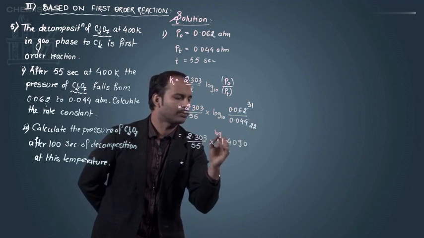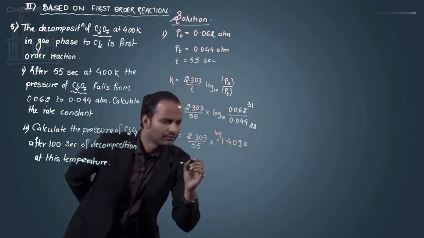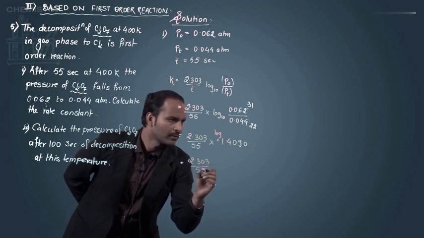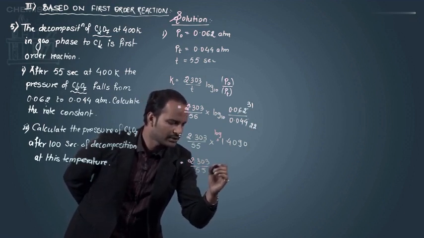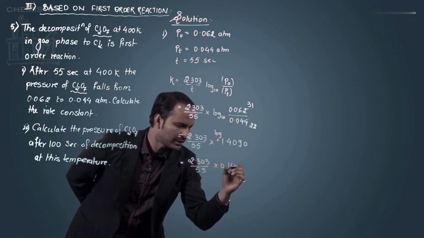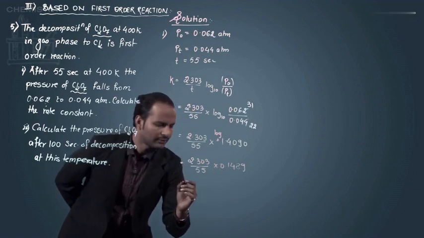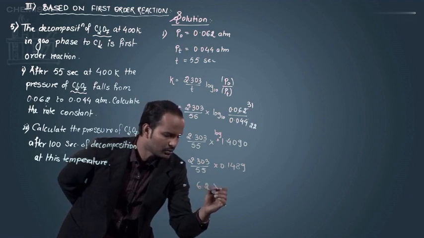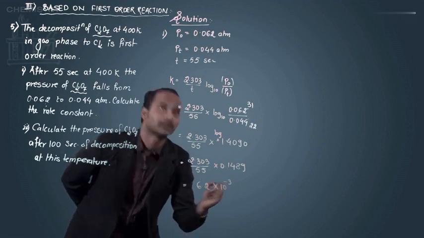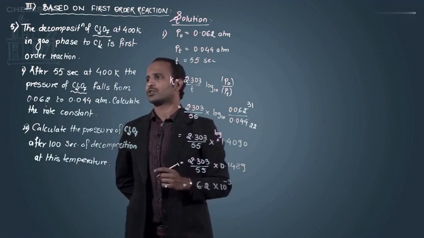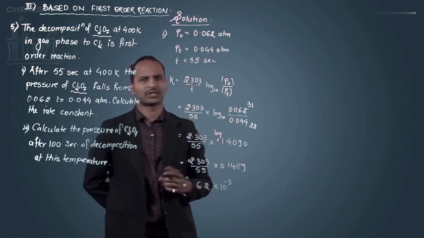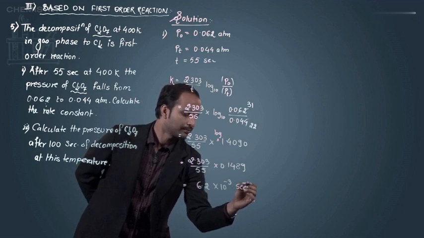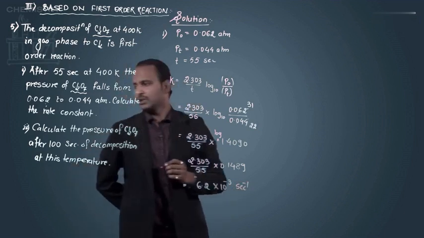So this is 2.303 upon 55 into log of 1.4090, and the log of 1.4090 is 0.1489. After multiplying and dividing by 55, you will get 6.2 into 10 raised to minus 3. This is the value of K for the first order reaction. For a first order reaction the unit is per time, so time is in seconds, so per second. This is the first part.